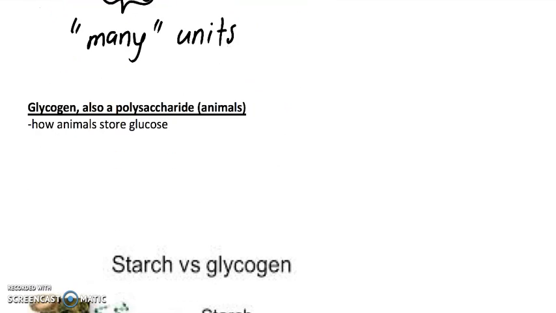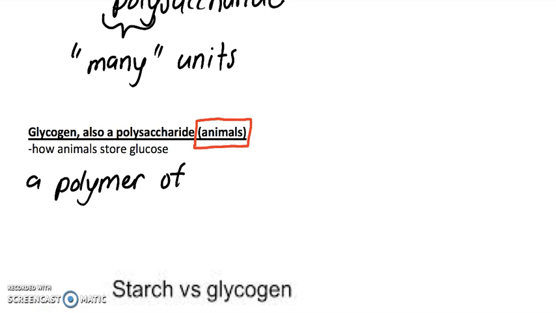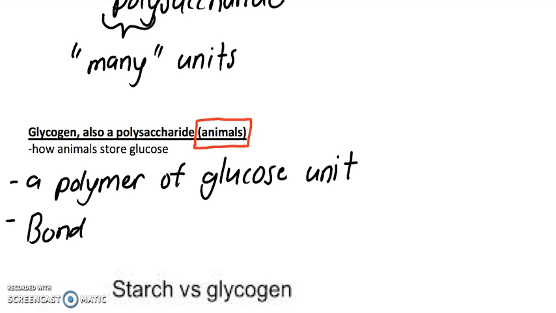For animals, we call it something else. We call it glycogen. But it's the same thing. So this is for animals. And this is also a polymer of glucose units. One difference is that it's just bonded a bit differently.